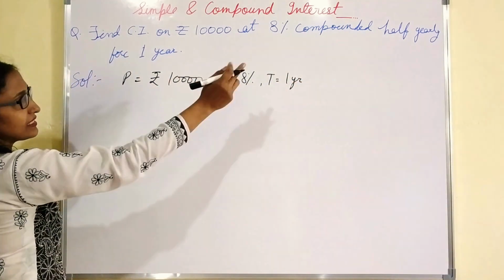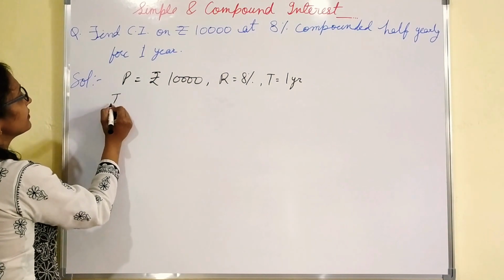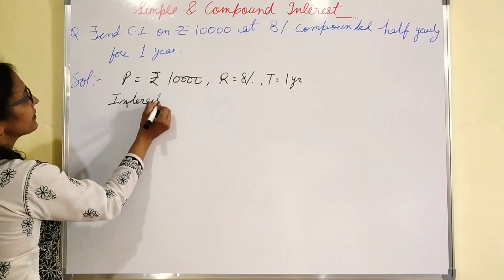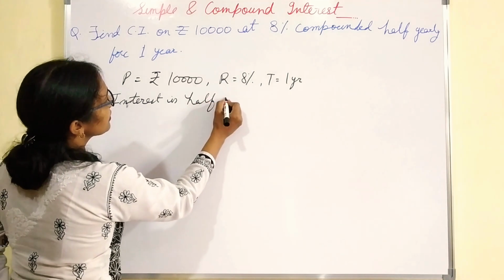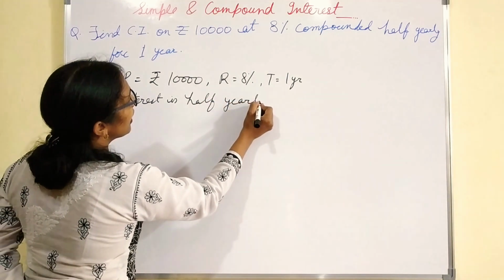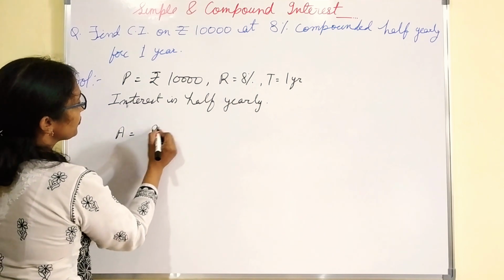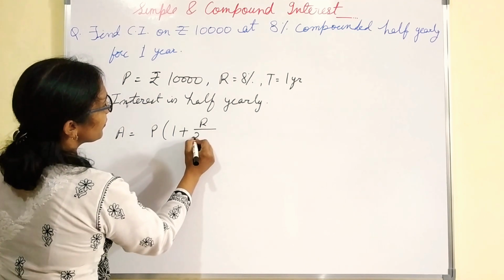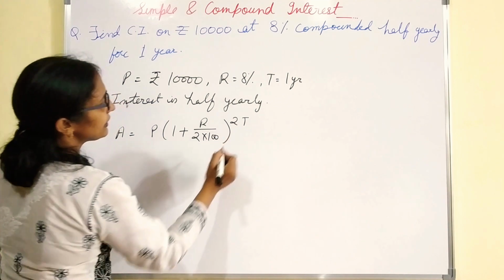But interest is compounded half yearly, so amount equals P(1 plus rate upon 2 into 100) power 2t.